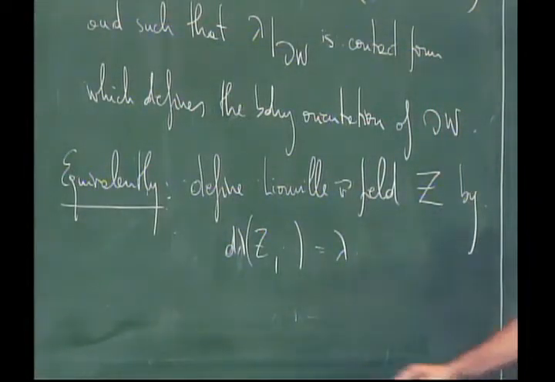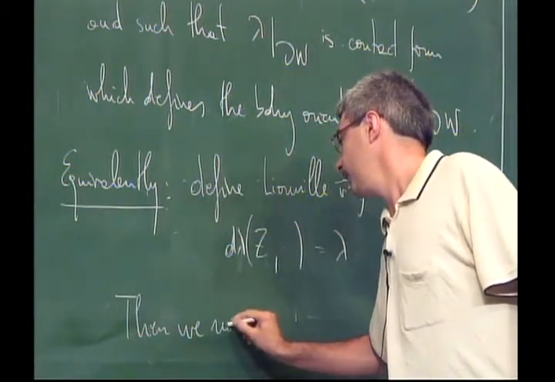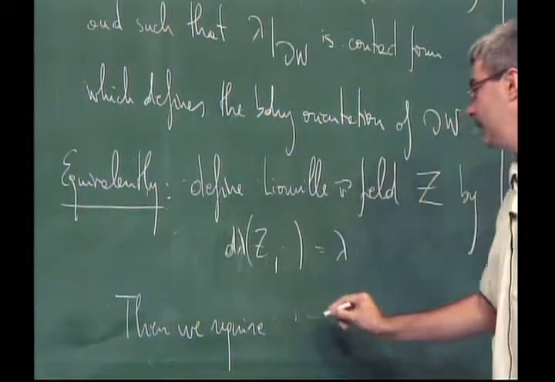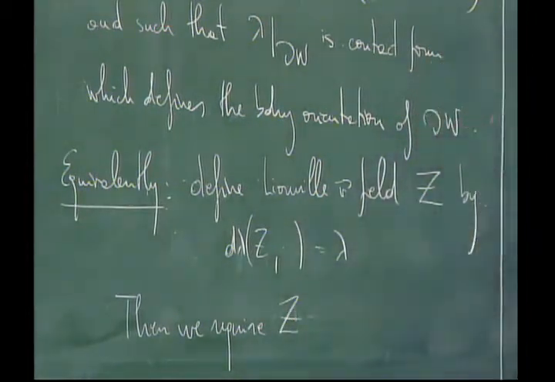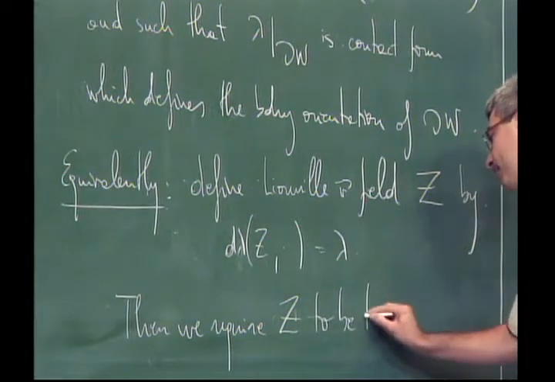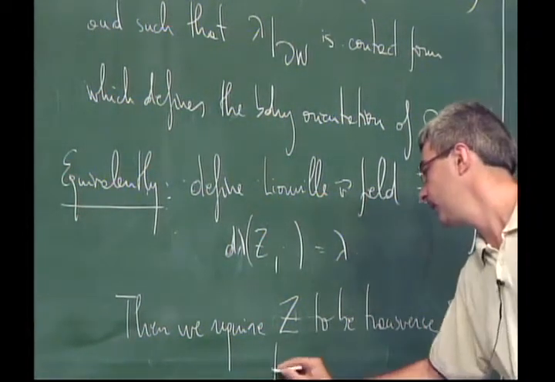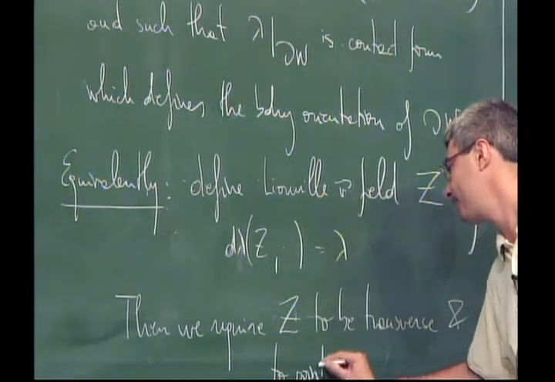Then we require that Z be transverse to the boundary and pointing outwards along the boundary.